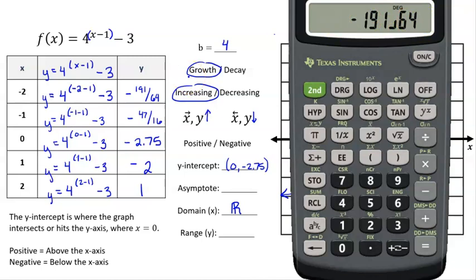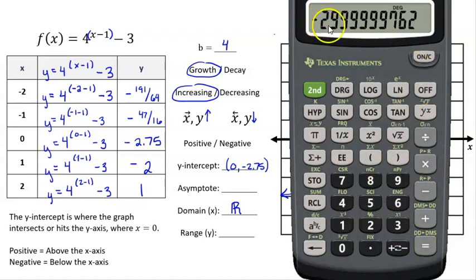And if I'm not sure about where my asymptote is, so with fractions it makes it a little bit harder to see, even with some of those bigger numbers behind that decimal point, it's kind of hard to tell. So what I can do is I can put in a more extreme number, so 4 y to the x, and then let's take -10, and then -1, close parentheses, -3.